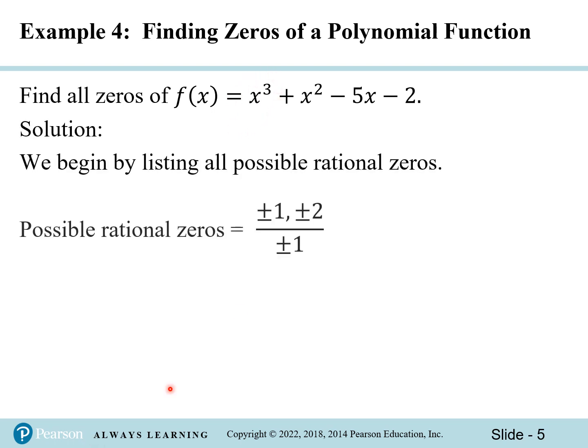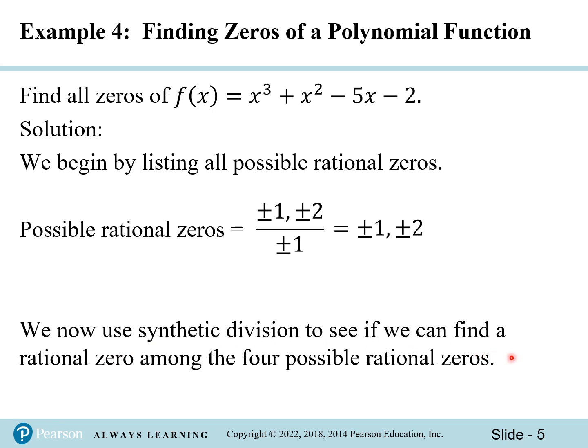So my possible rational zeros are going to be plus or minus 1, plus or minus 2 for the constant term, negative 2, and then plus or minus 1 for the leading coefficient, which means my only possible roots are plus and minus 1 and plus and minus 2. So I have four possible roots here.